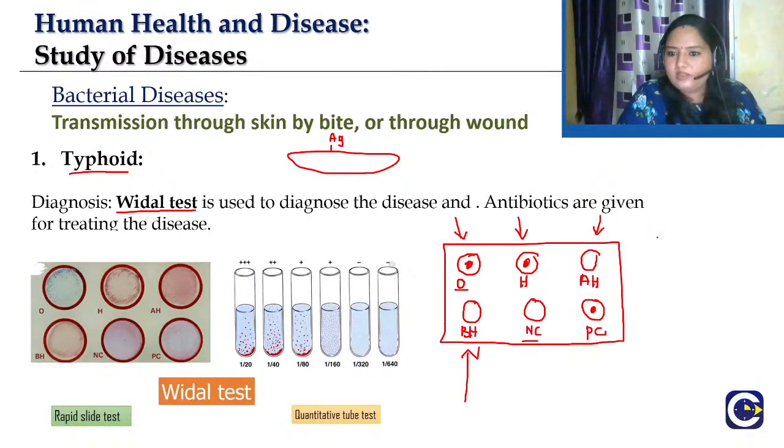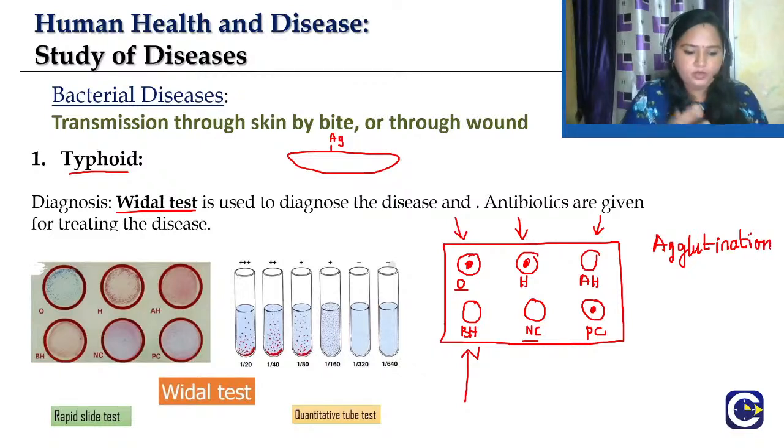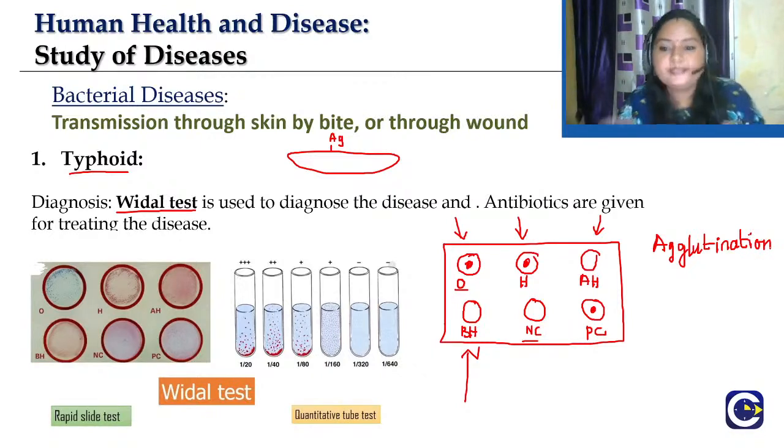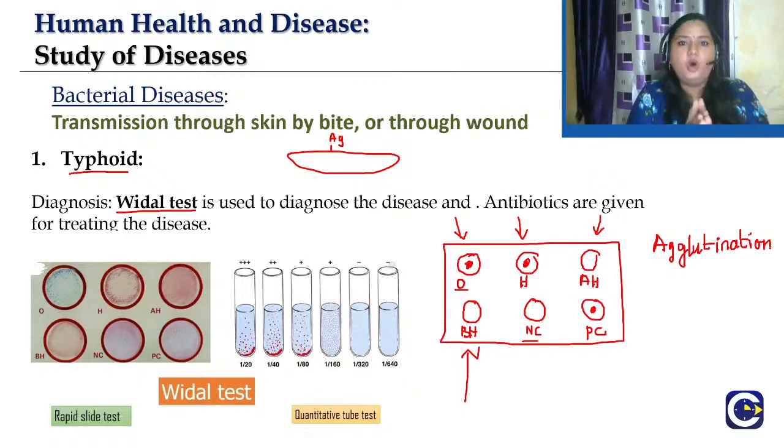We call this agglutination. Agglutination means, if you take spoiled milk and start boiling it, you can see curdling of the milk. The milk starts to group together, all the milk protein groups together, and you get the liquid separated from the solid.